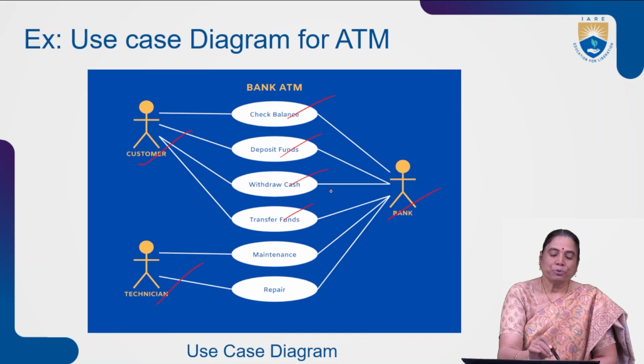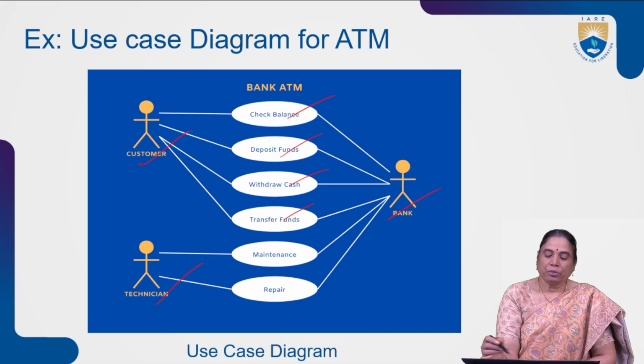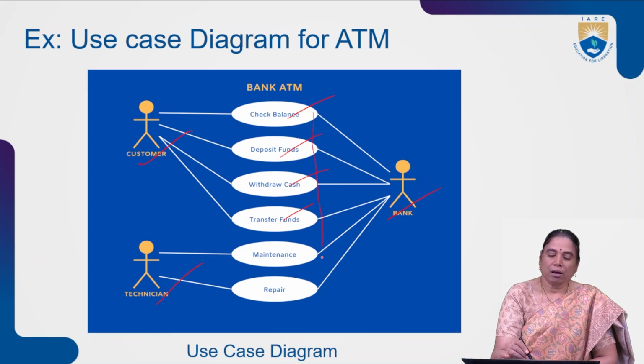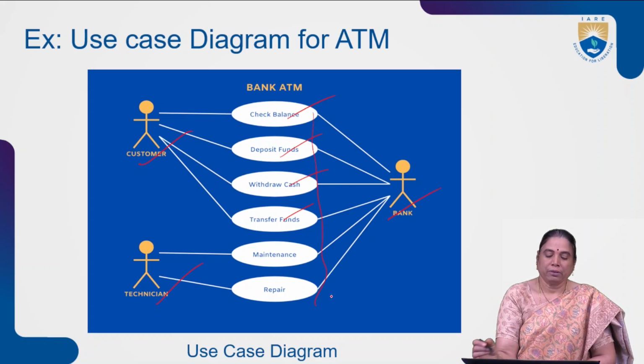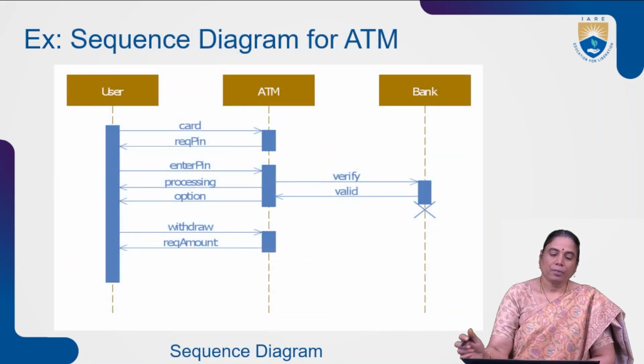So how the users interact with which modules or functionalities of the system is easily modeled with the use case diagram. The bank is involved in all functional activities, but the technician is involved in the maintenance and repair functionalities.